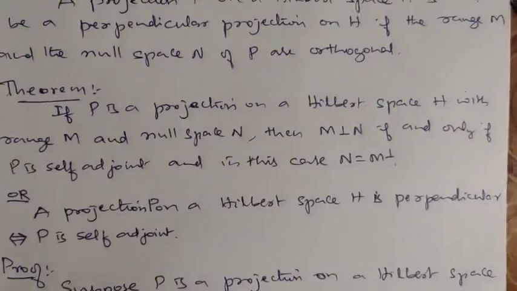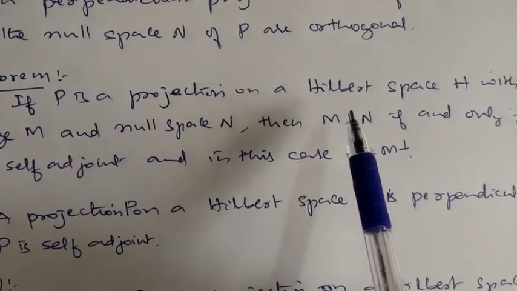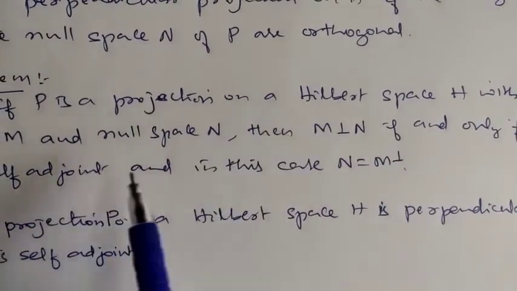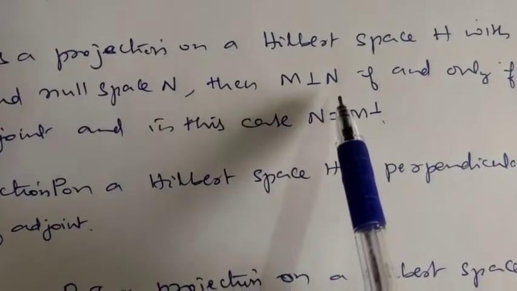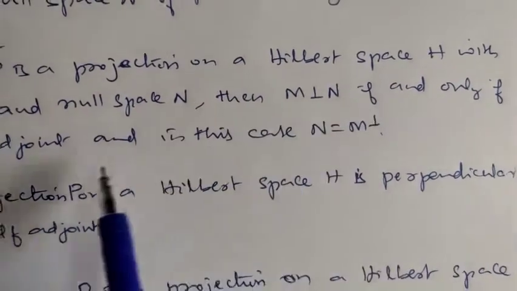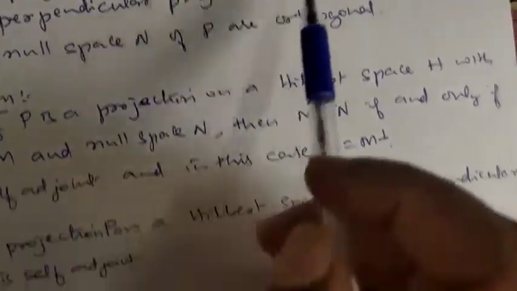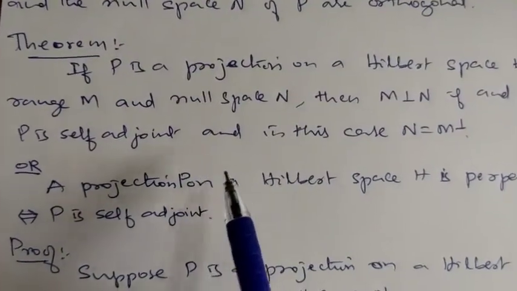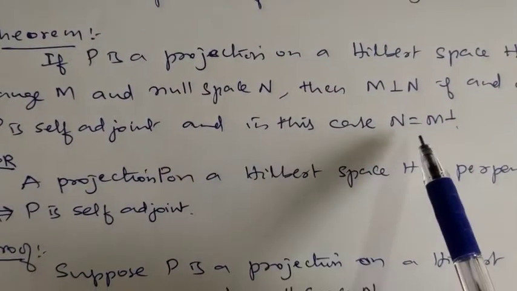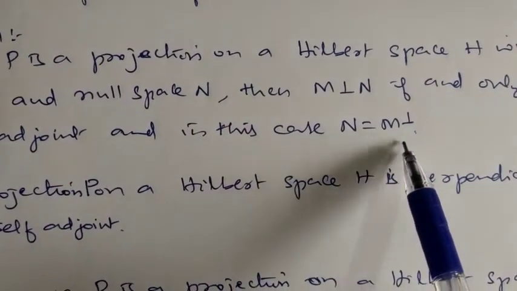So let us prove this theorem now. If P is a projection on a Hilbert space H with range space M and null space N, then M is orthogonal to N if and only if P is self-adjoint. P is self-adjoint means P is equal to P star, and in this case N is nothing but the orthogonal complement of M. N is equal to M perp.